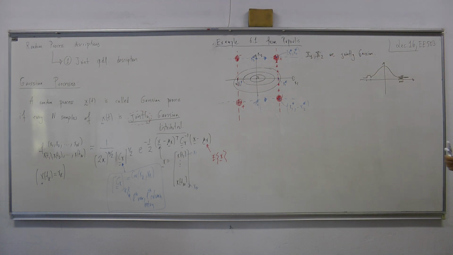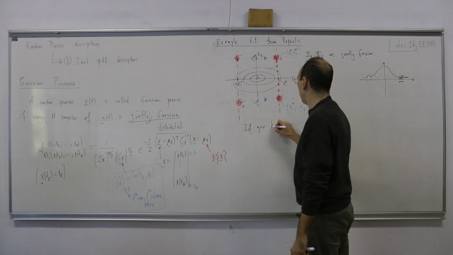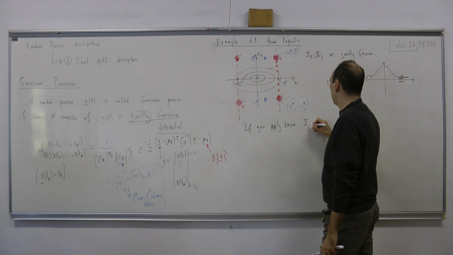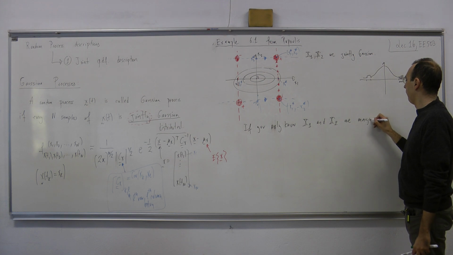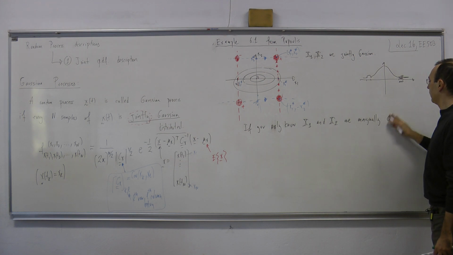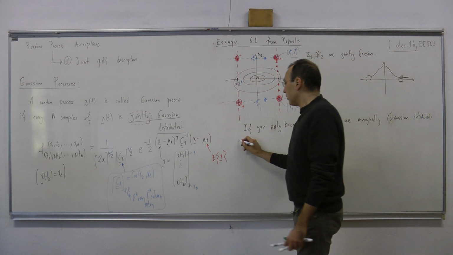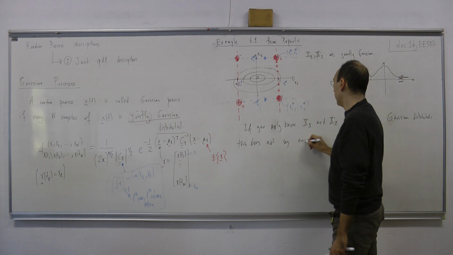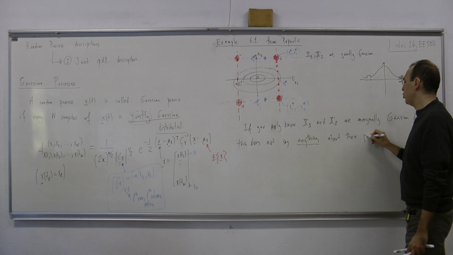So what we see is that if you only know that x1 and x2 are marginally Gaussian distributed, this does not say anything about their joint distribution.